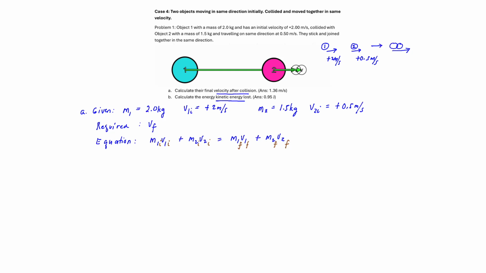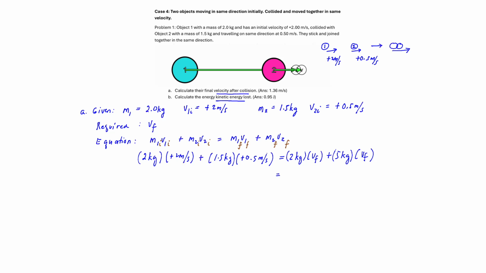And so we can now plug in everything here. We have 2 kilograms multiplied by the initial velocity, which is positive 2 meters per second, plus the mass 2, which is 1.5 kilograms, multiplied by the velocity 2, which is positive 0.5 meters per second. And for the mass 1, we have 2 kilograms, but we don't know the final velocity, plus the m2, 1.5 kilograms, and then the final velocity.